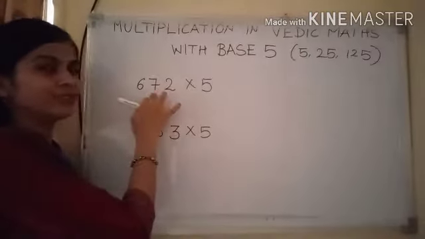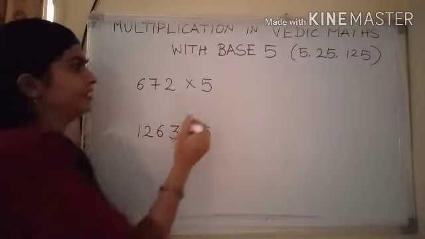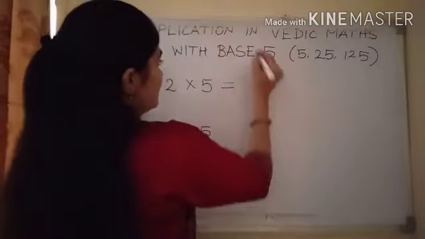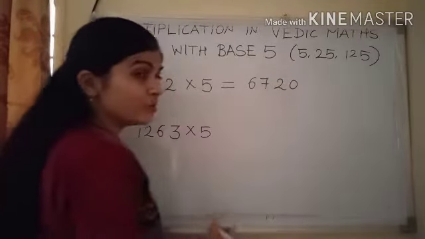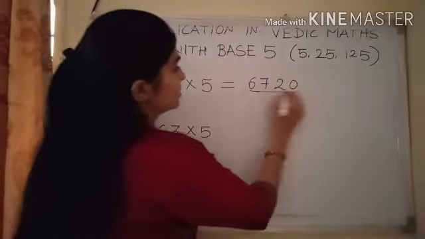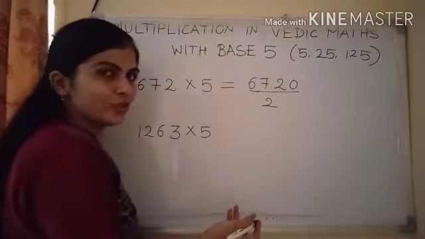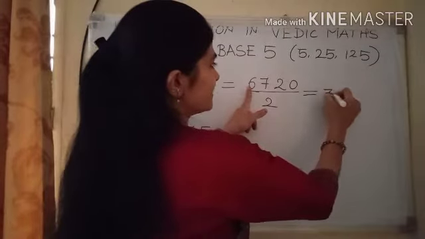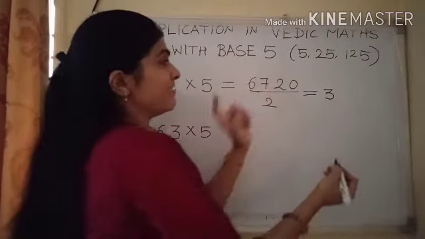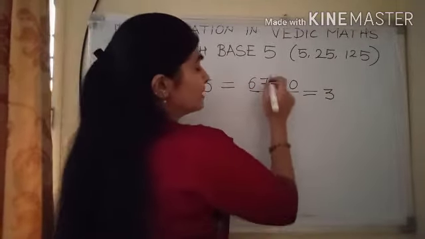6, 7, 2, the 7 is an odd number, right? So now you can write down directly 6, 7, 2, 0. How? Because it is 10 by 2. Now make it half. 2 3s are 6, right? So this is 3, 7. Now 2 3s are 6.